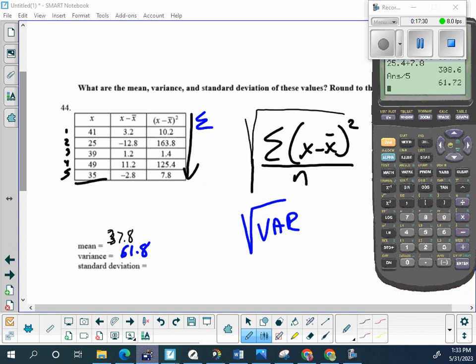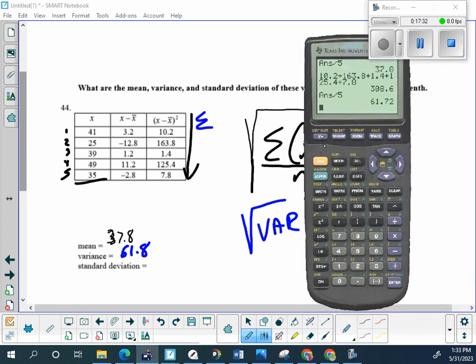Square root of that number I just figured out. I go to my calculator and do second square root, and then I either enter the value or do second answer. That puts it in for me. Whoops, that didn't work. Second square root, second answer. Delete the 5.